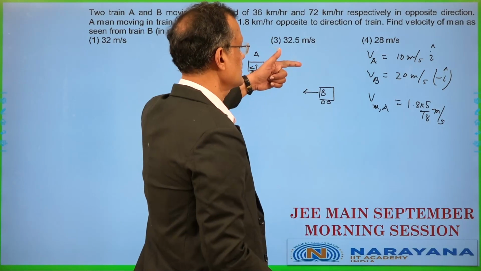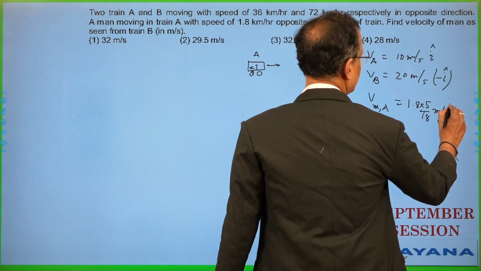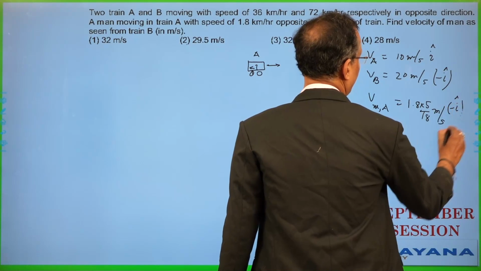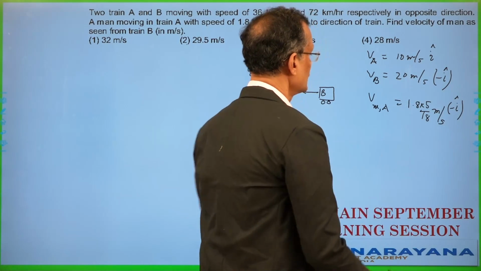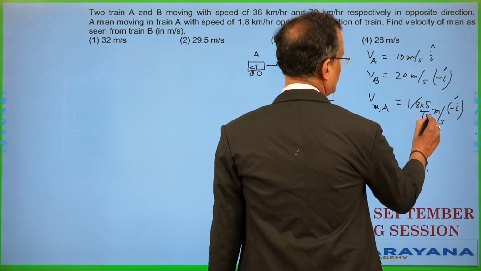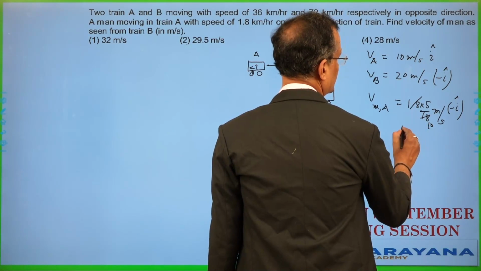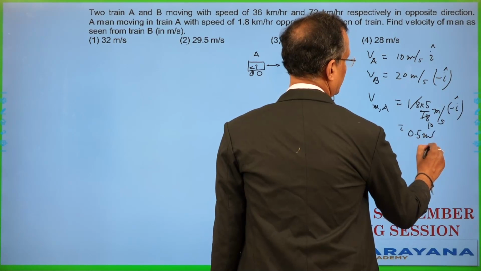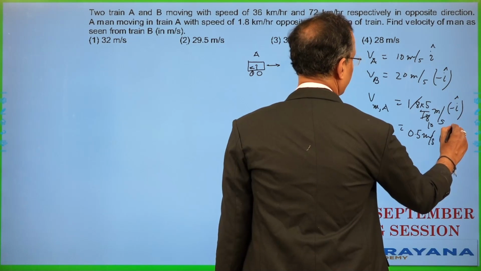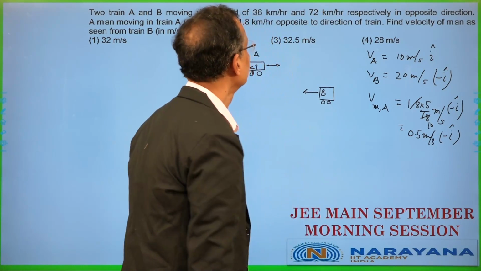A is moving in this direction, so it will move in the opposite direction. This is minus I, 0.5 minus I. Clear to you?